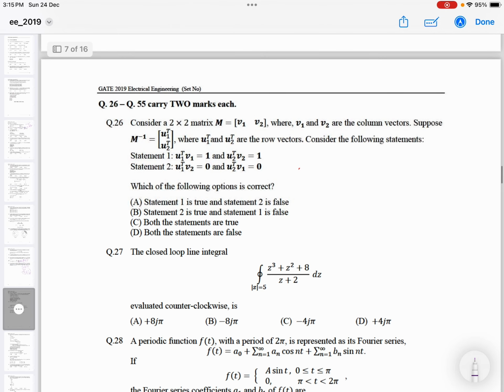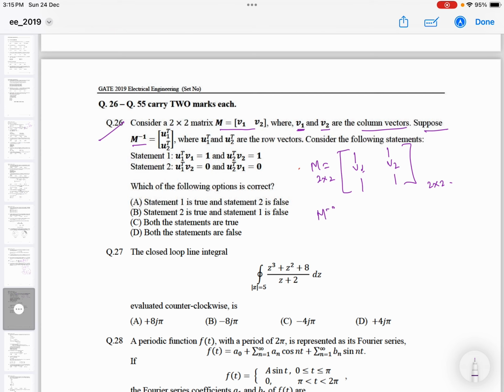Okay, now let's move to question number 26. What we are given is this matrix M, and v1 and v2 are the column vectors. So M is 2 by 2, where v1 is the first column and v2 is the second column. Suppose M inverse is this matrix.